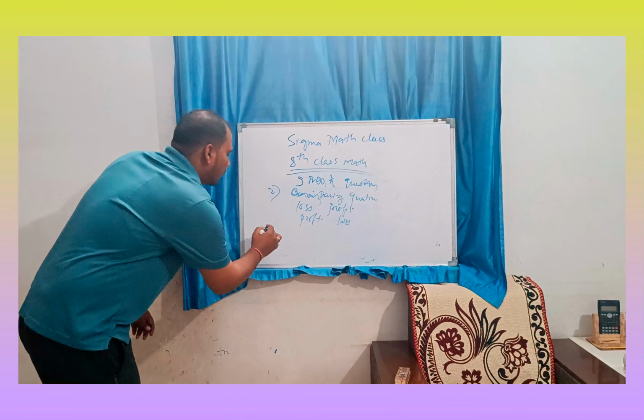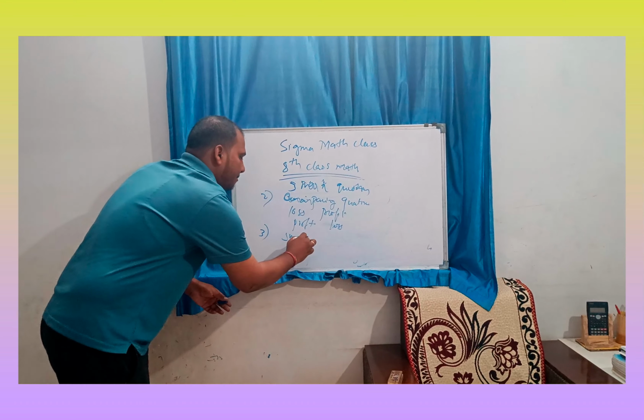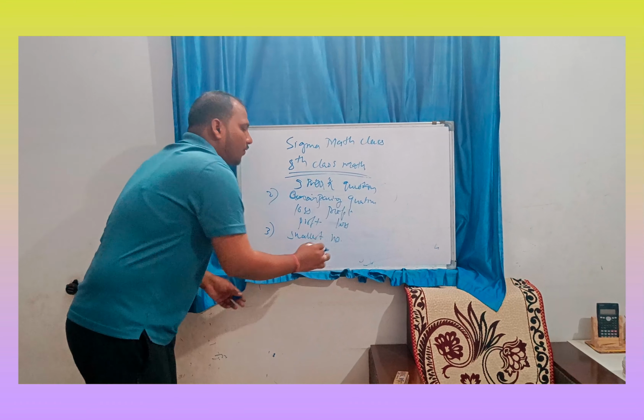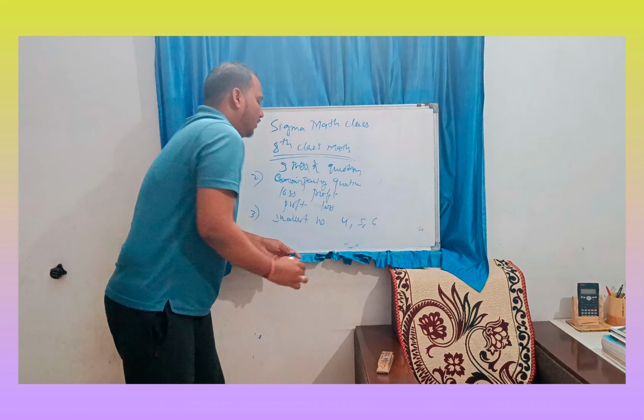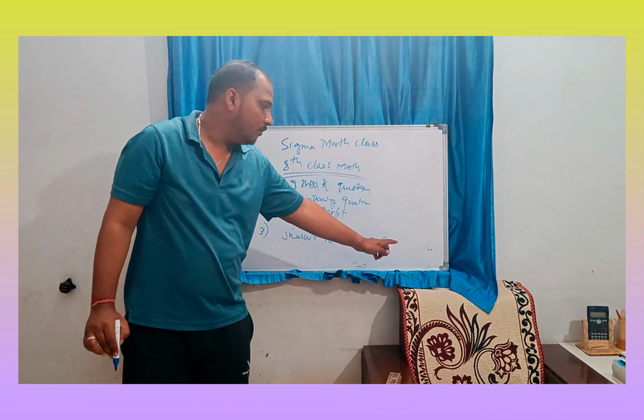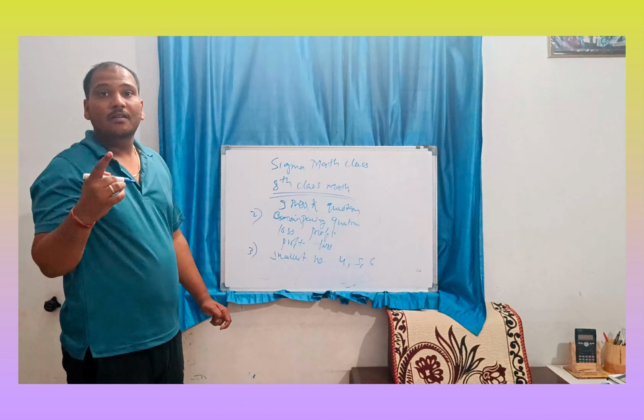Then another question: which is the smallest number you take to get a perfect square or perfect cube? For example 4, 6, 8, 5, or 84, 64 given: which is the smallest number for a perfect square or perfect cube?